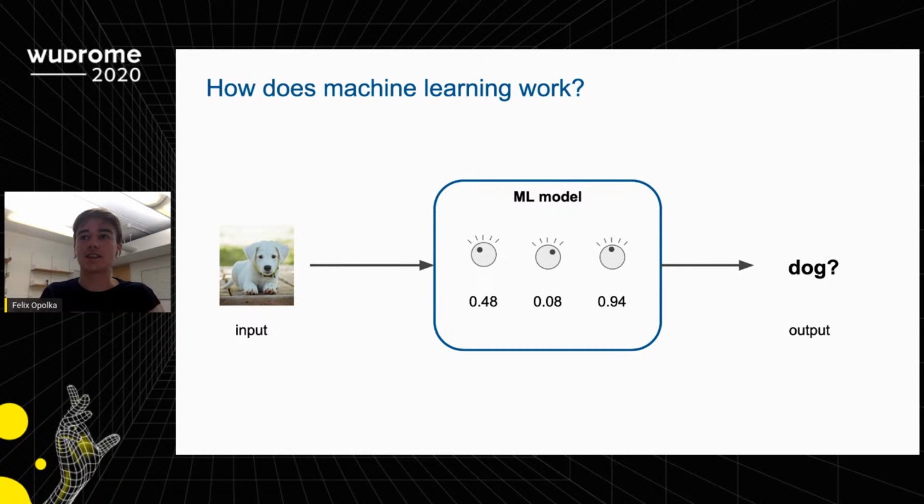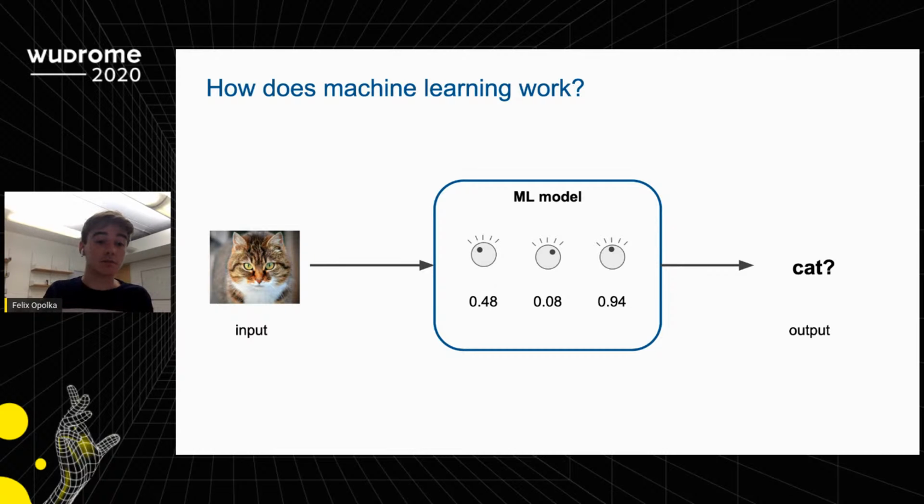And then we change these, and now hopefully our model gives us a better answer and actually says, yeah, that's a dog. Now, it worked maybe well for this image, but we of course want it to work for many images, ideally for all possible images of dogs and cats. Now let's try this again. Maybe we take another sample, put it into our model, and maybe by chance, it gives us the right answer, so we don't need to do anything.